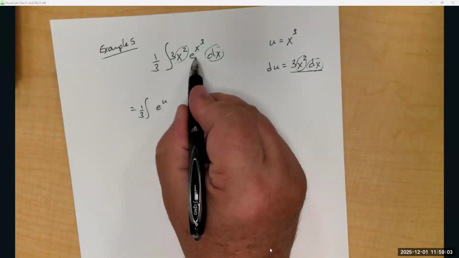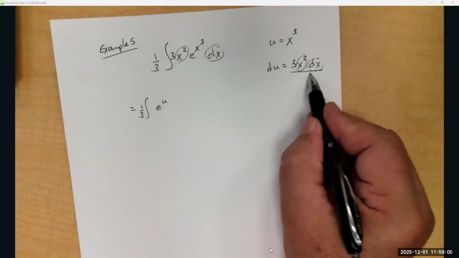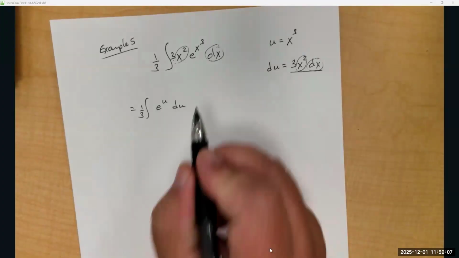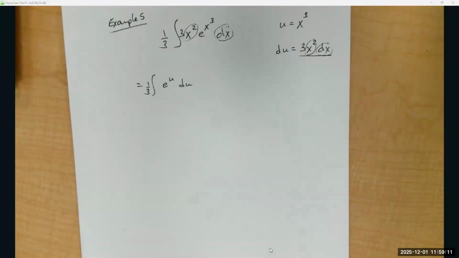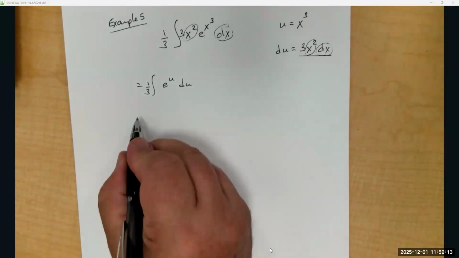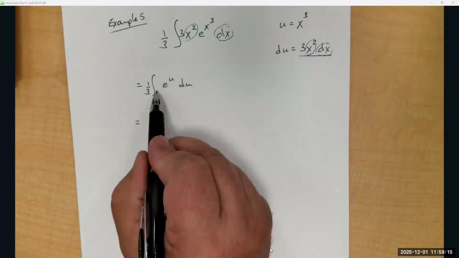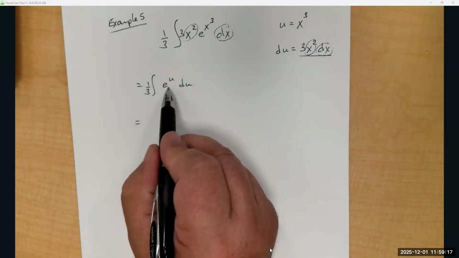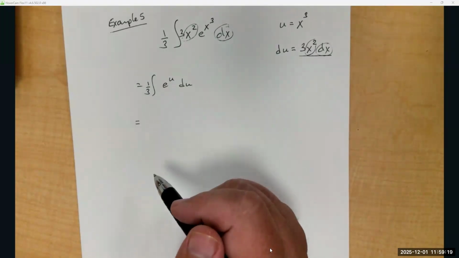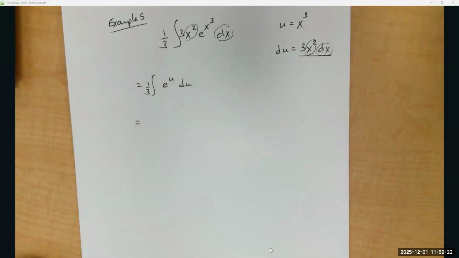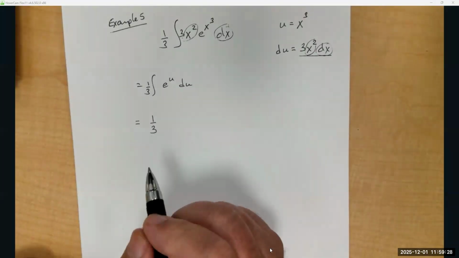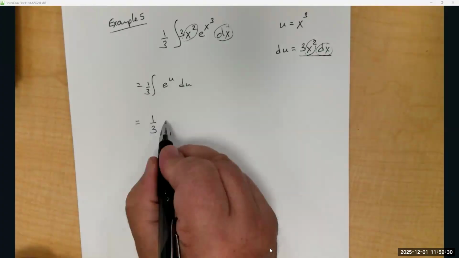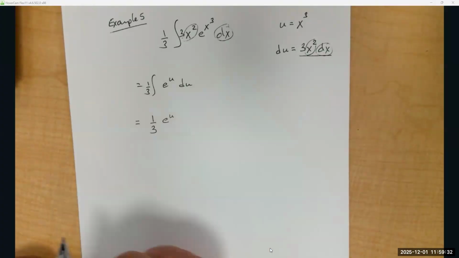So now I have 3x squared dx. So that's du. So what's the integral of e^u? The integral of e^u is simply e^u.